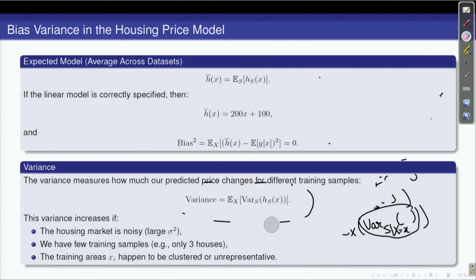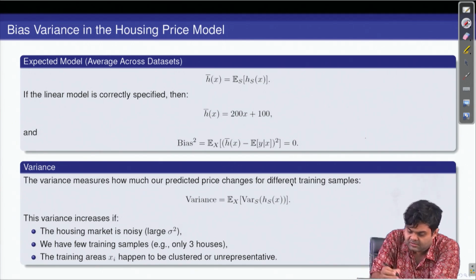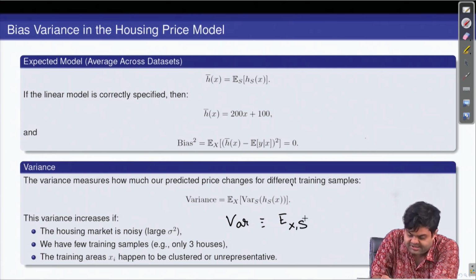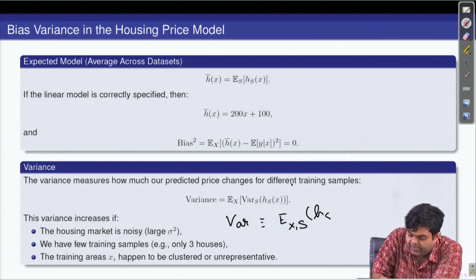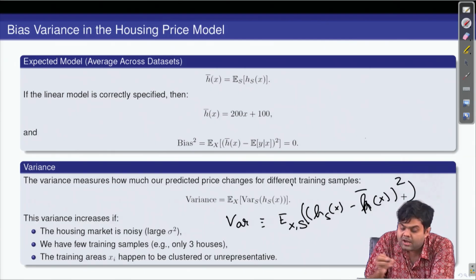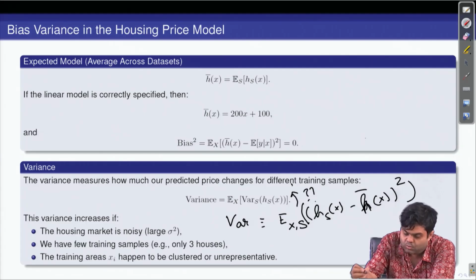Namely, we wrote variance as the expected value, with respect to all possible samples and all possible x's, of the predicted value minus the average predicted value, the whole thing squared. Now, how do you get this? This is a big question. So, let us see how we get this.